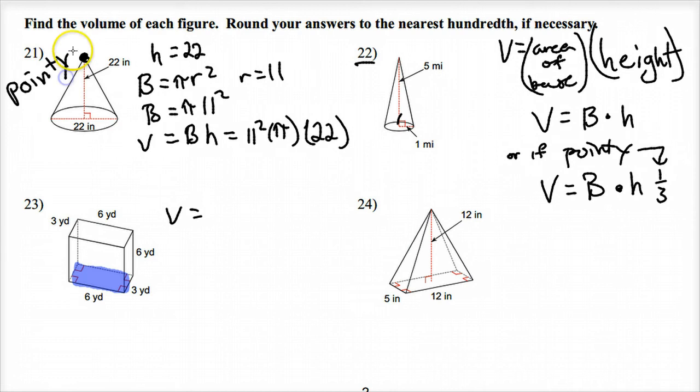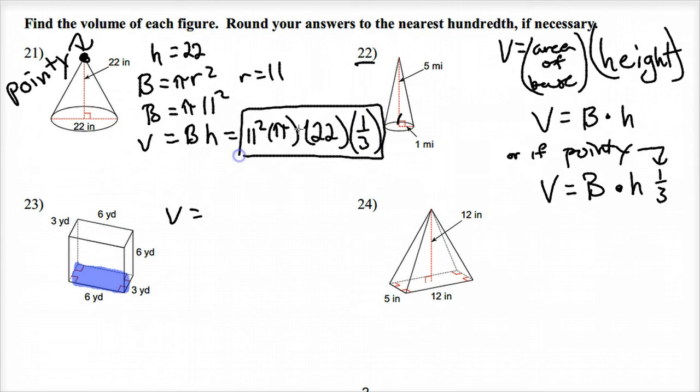This is pointy. Times a third. So there we go. Because if it's pointy, you've got to have that third. So for this one, it's not pointy, so I don't need the 1/3 for the prism down here. This is a rectangular prism. So that tells me that down here is my B.